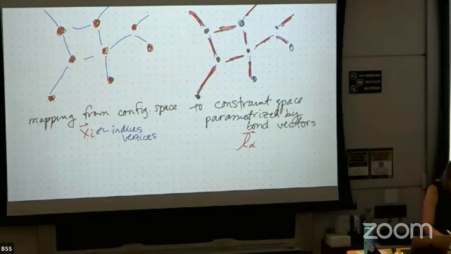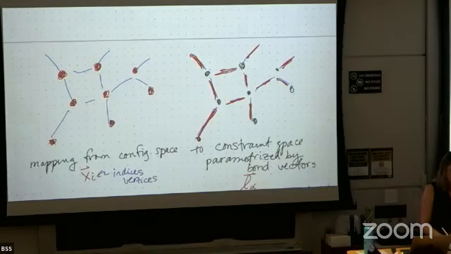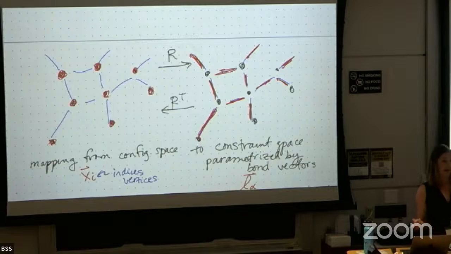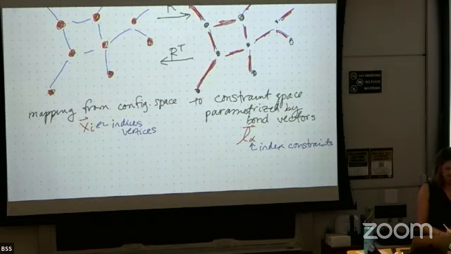And as before, thankfully, I'm not changing notation on you this time, this alpha is still indexing constraints. Now we're thinking about going back and forth: a map that takes us this way, and then a map that takes us back, which we'll call the transpose of the map. The first question about this map is how big it is.